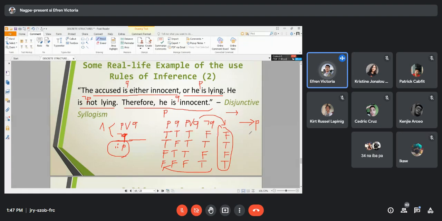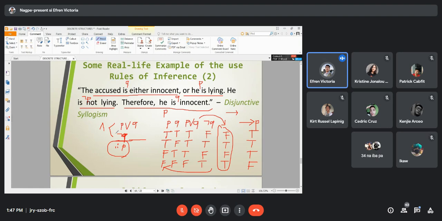So, false, true, true. True, true, true. False, false, true. True, false, false. So, hindi siya tautology.